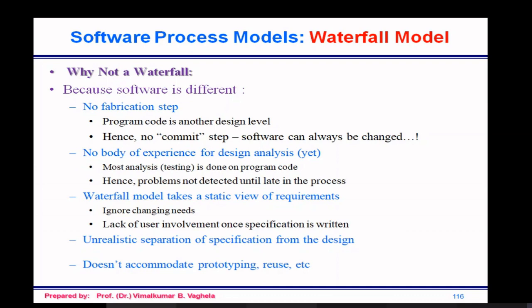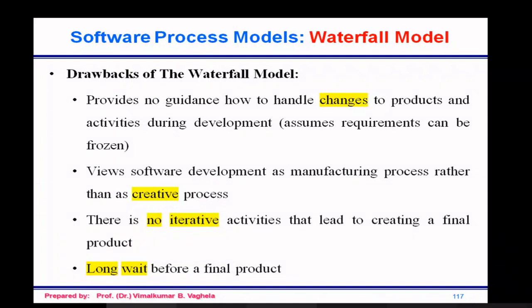Here you are not able to get a prototype of your model. Prototype means one small working model of your project, which you are not able to get in a waterfall. So again I am describing the drawbacks of the waterfall model. It provides no guidance on how to handle changes to the product and activity during development. It assumes requirements can be frozen.